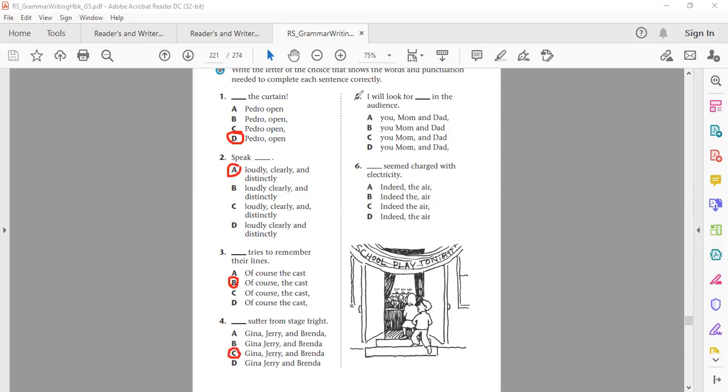Miss, can I do number 5? I know it. Amal, number 5, yes, Amal. I will look for you, mom, comma, and dad in the audience.